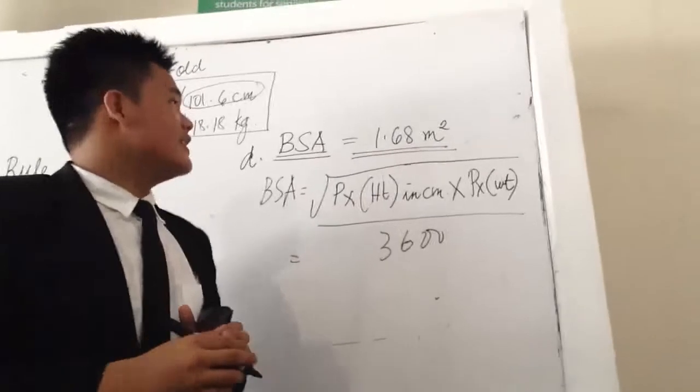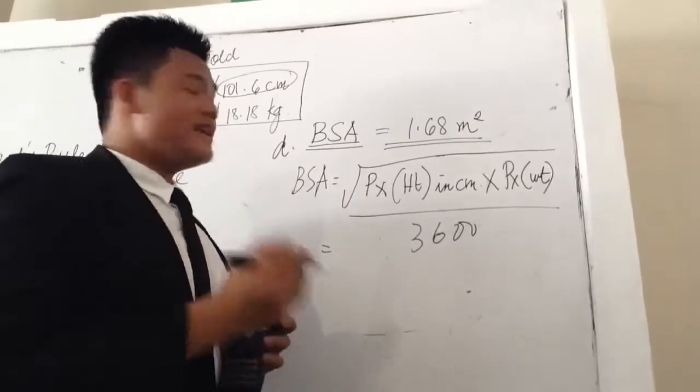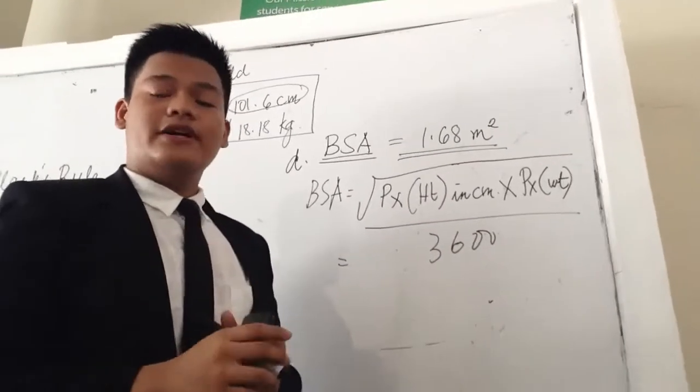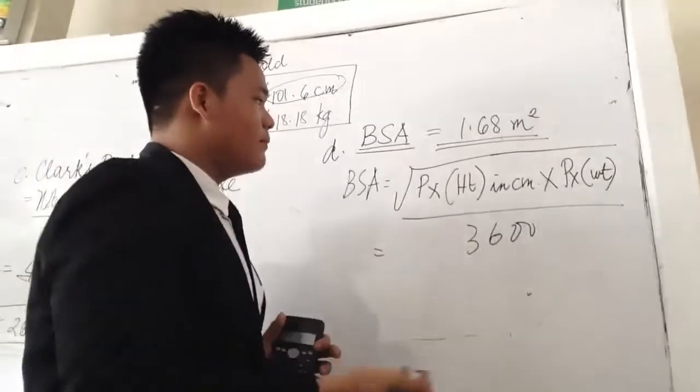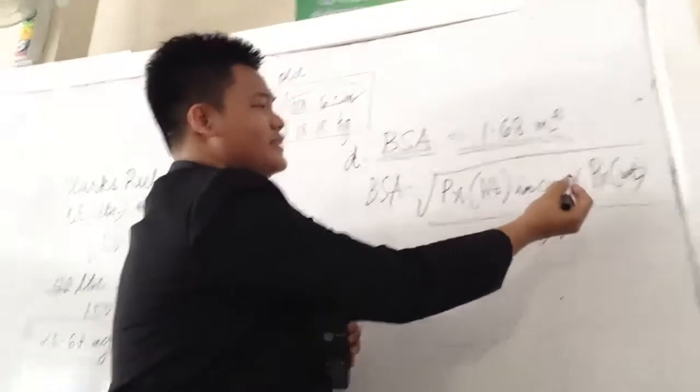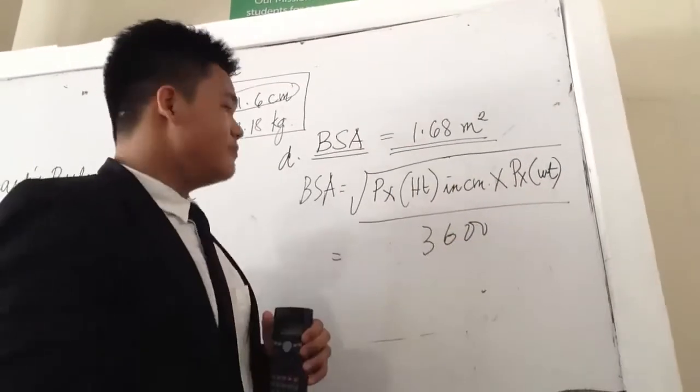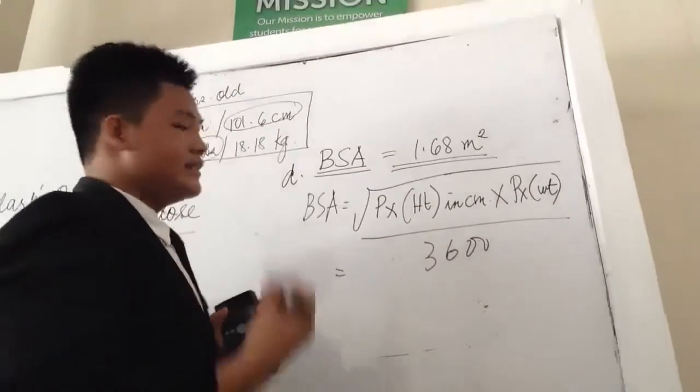Okay, and last but not the least, we will solve the patient's dose based on the body surface area. But first, what we'll need to do is get the patient's body surface area using the formula: patient's height in centimeters times patient's weight in kilograms divided by 3,600. So let's substitute.